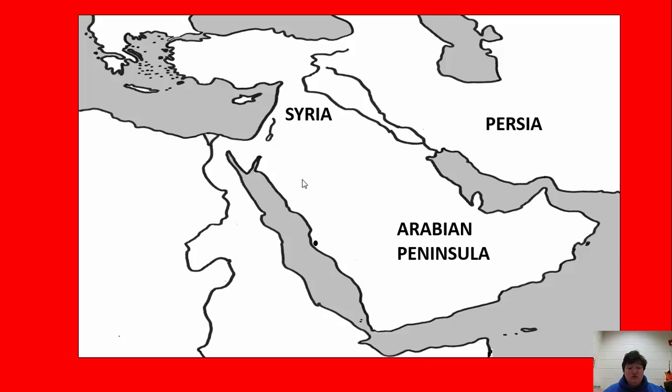The next thing you need to label on your map is Egypt. And Egypt is over here. This piece of land right here is actually part of Africa, the continent of Africa. And in the northeast corner of Africa is Egypt, which happens to be right by the Arabian Peninsula. So label Egypt.